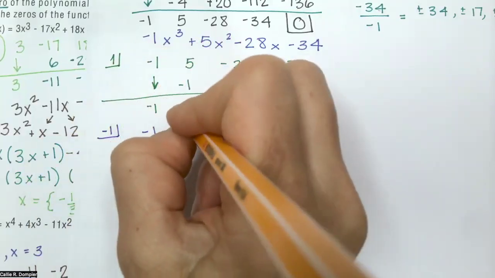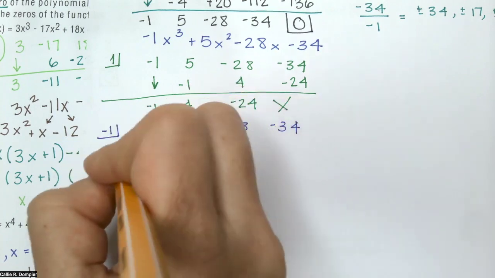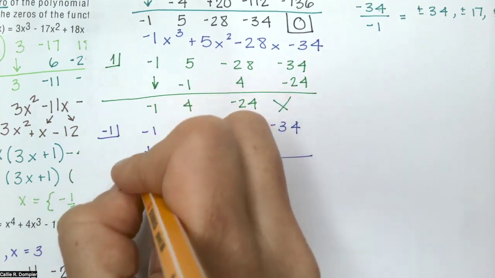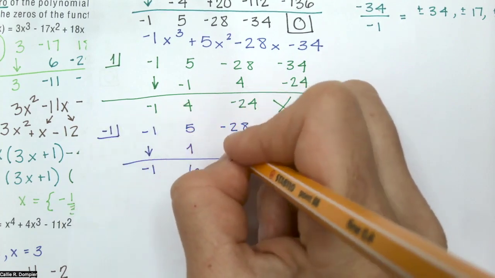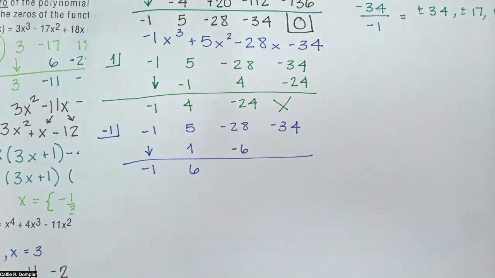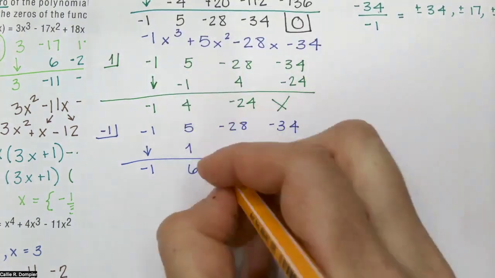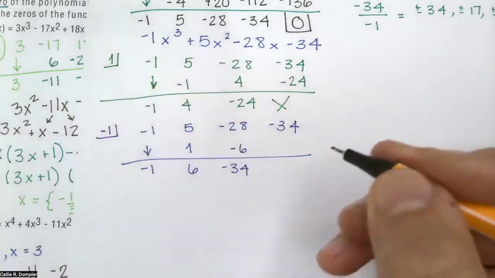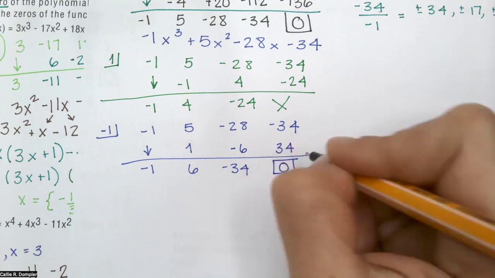Same numbers, -1, 5, -28, -34. Take that -1, bring it straight down. -1 times -1 is a +1. 5 and 1 is 6. 6 times -1 is a -6. -28 minus 6 is -34. -34 times -1 is a +34, and that does leave us with a remainder of 0, so we found another 0.